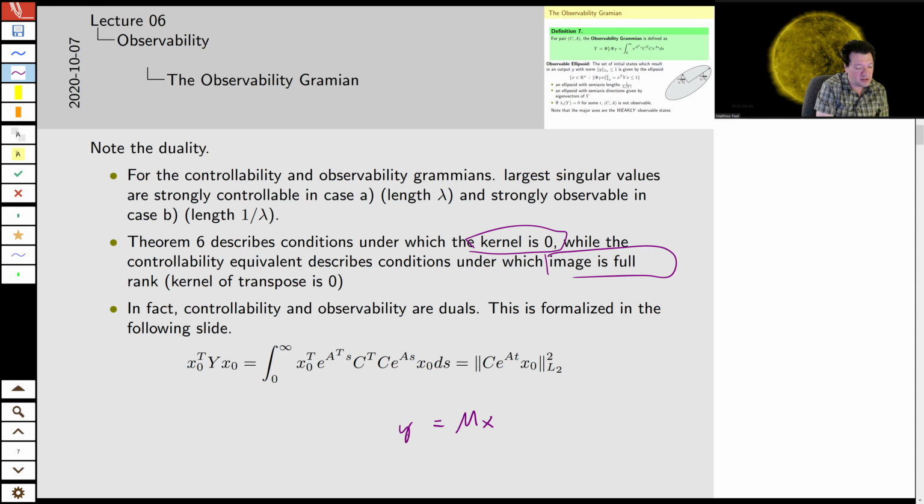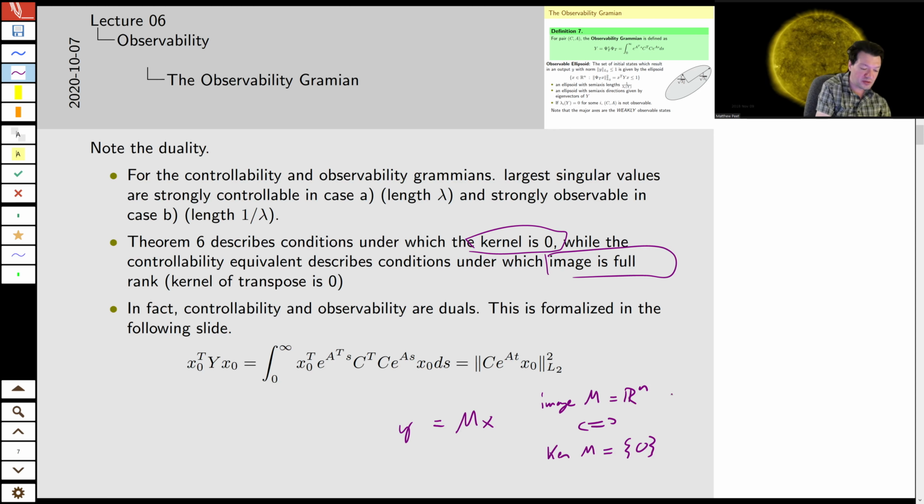Well, if M is a square matrix, then we can say that the image of M is R^n if and only if the kernel of M is empty, right? There's nothing which produces 0.